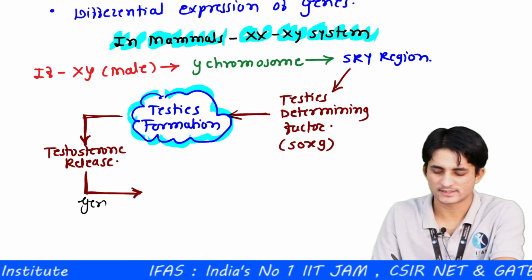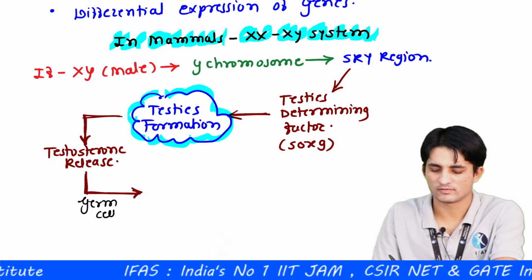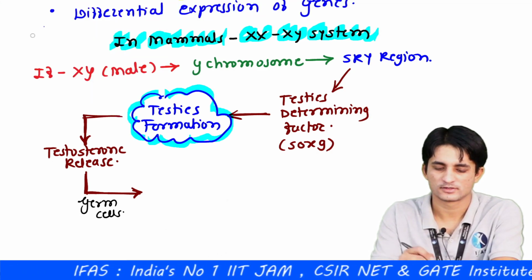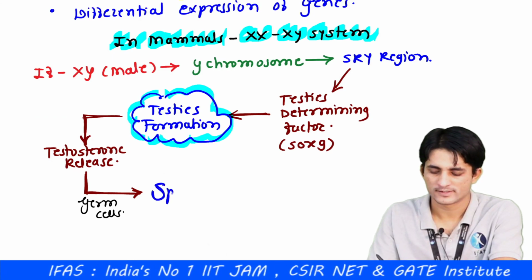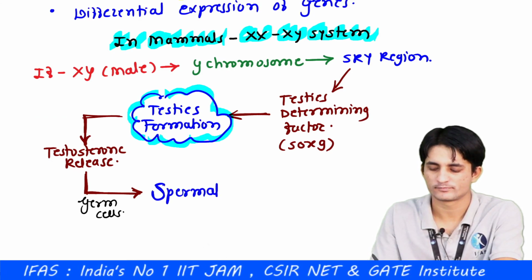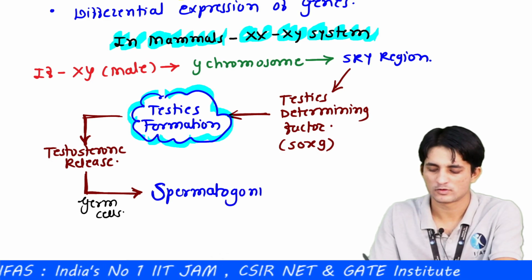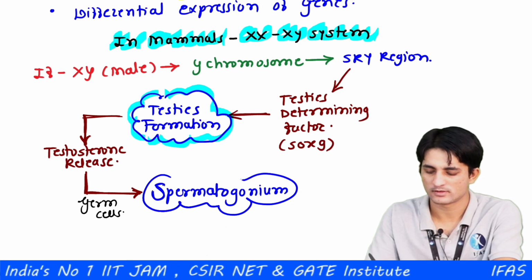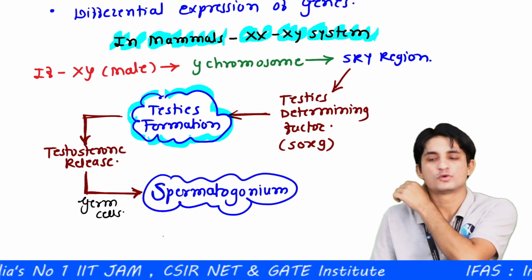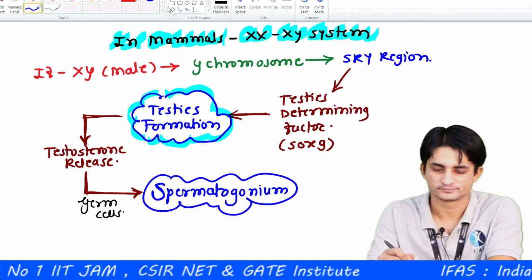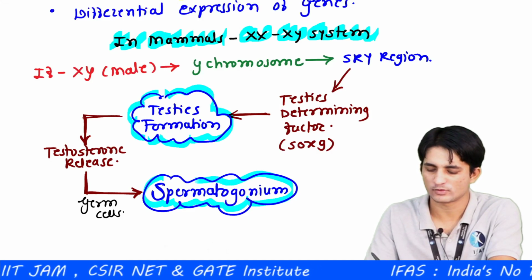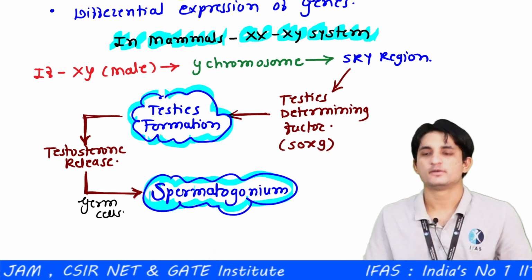Now as testosterone is released, in males the germ cells in the testis convert into, or form, the spermatogonium. So there is formation of the spermatogonium in the male.